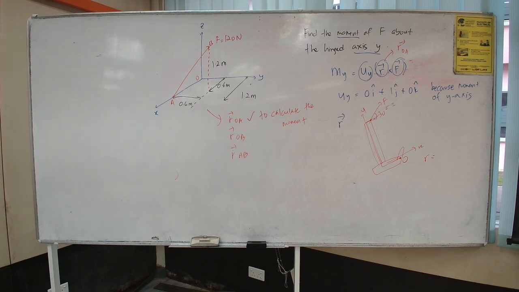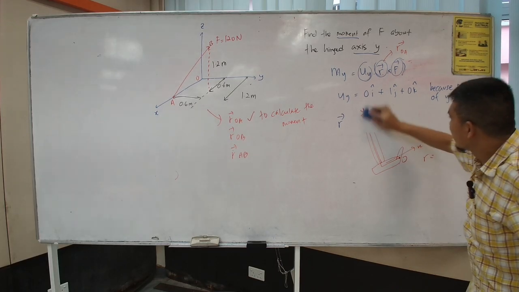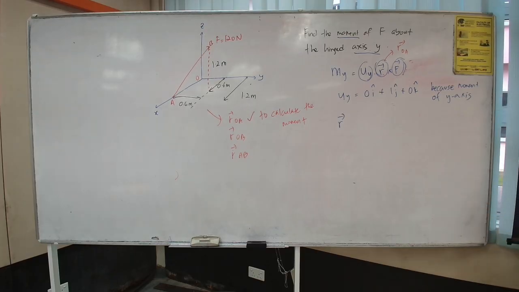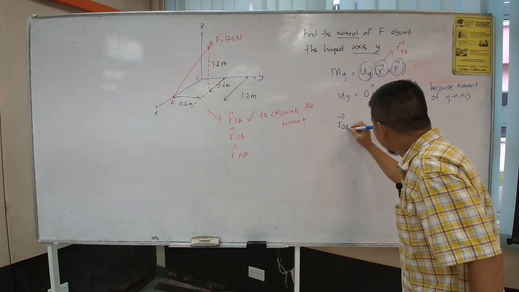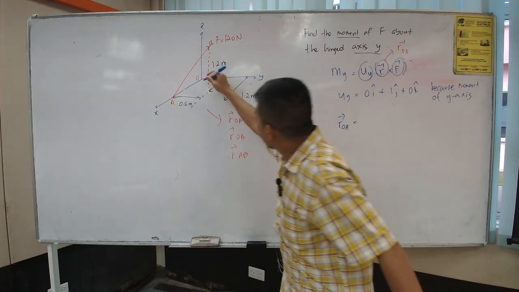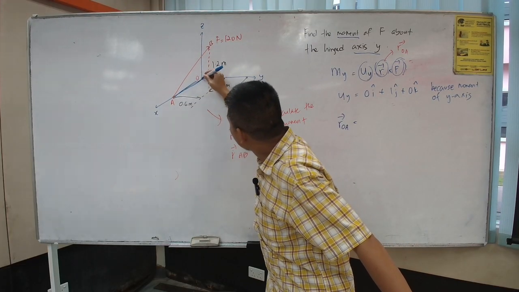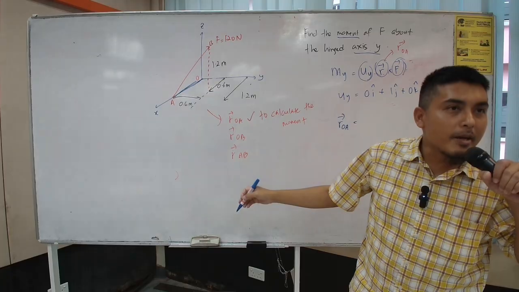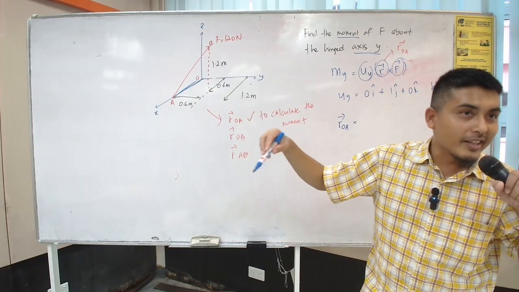ROA. So the ROA in this case, the ROA path is from O to A only, is it?